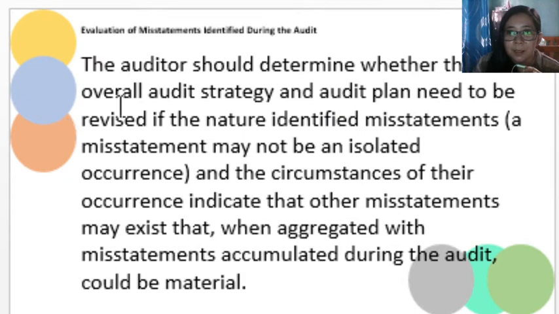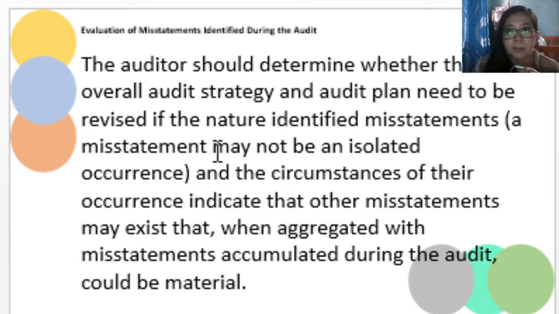Okay, so the auditor should determine whether the overall audit strategy and audit plan need to be revised, if the nature of the identified misstatement may not be an isolated occurrence, and the circumstances of their occurrence also indicate that other misstatements may exist. So when aggregated with other misstatements during the audit, they could be material.